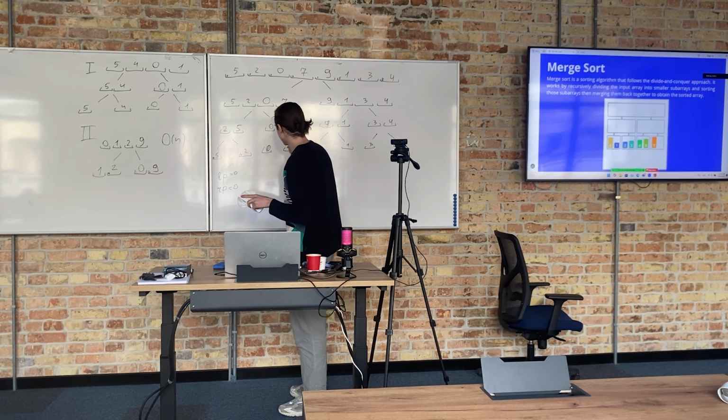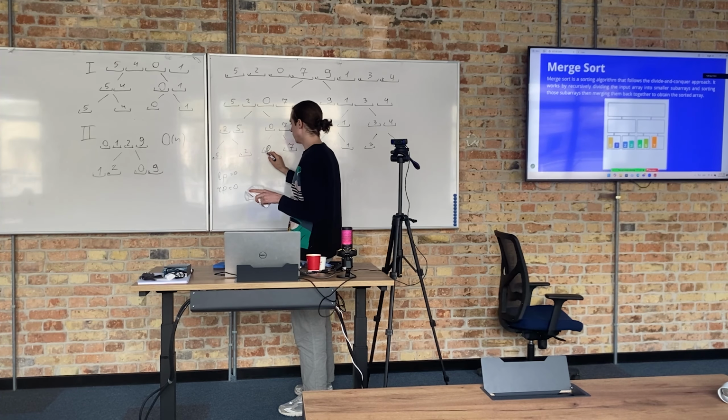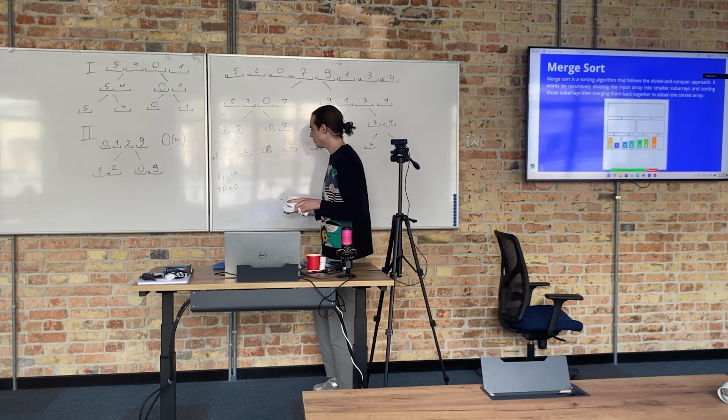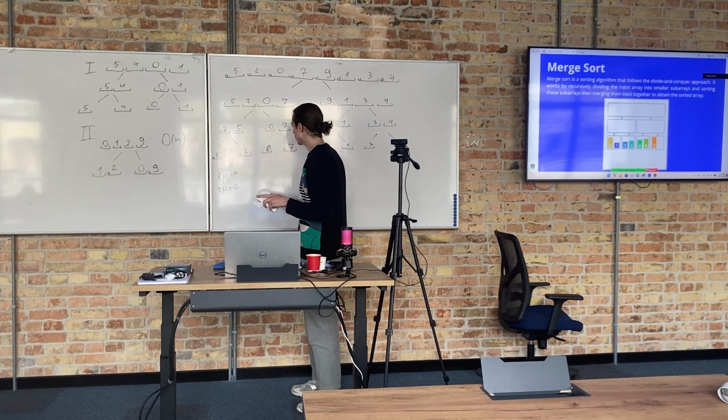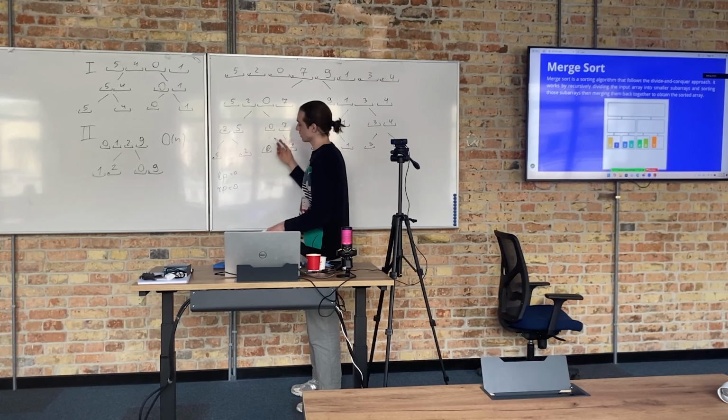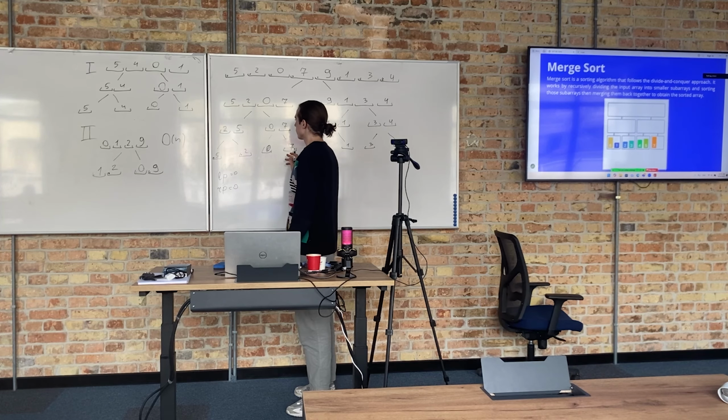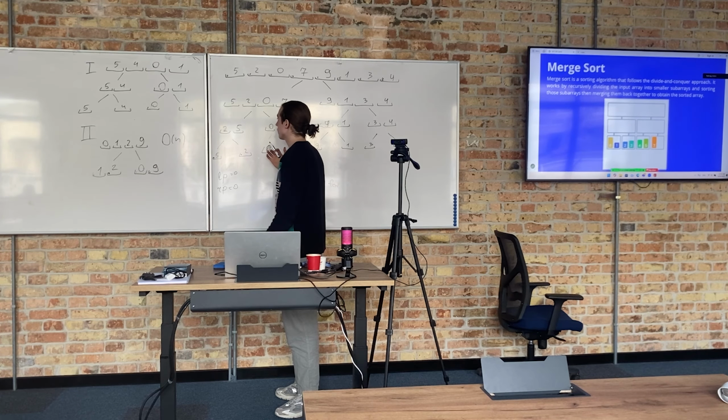The same situation here. We have only 1 element in every sub array, so LP and RP are zeros, and we check if 0 is less than 7. It's less than 7, so we move 0 to the first element and 7 to the second element. Okay, then we do the same operation with those sub arrays.